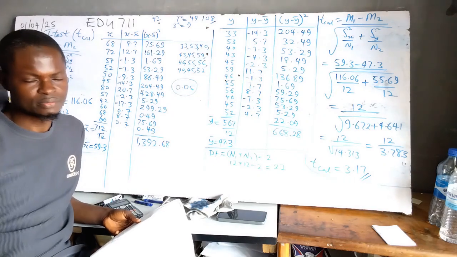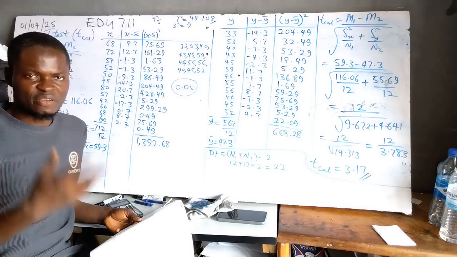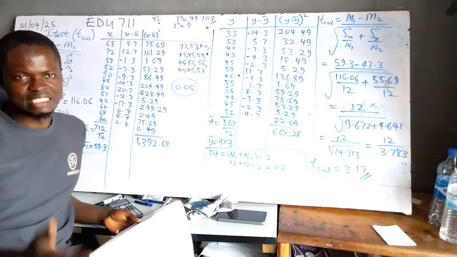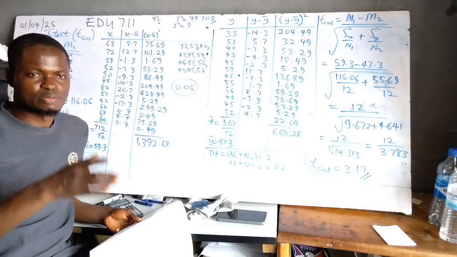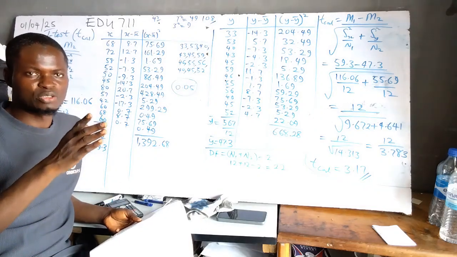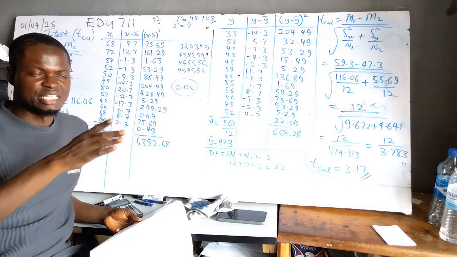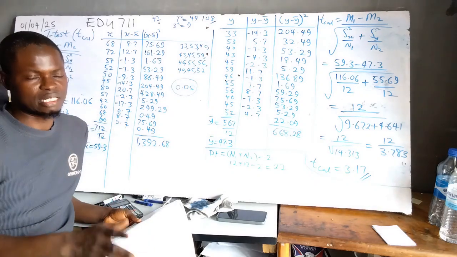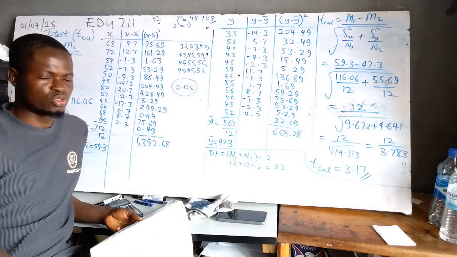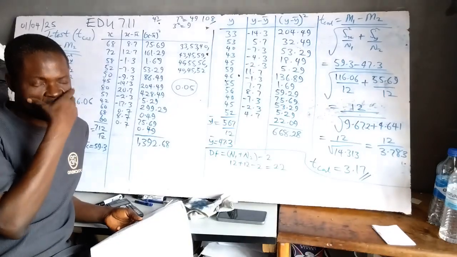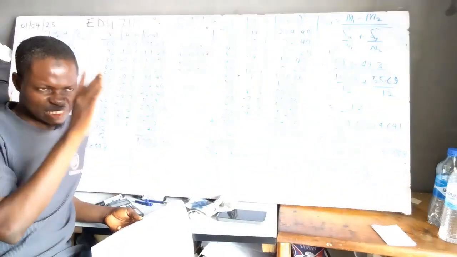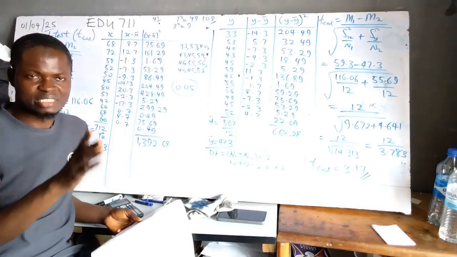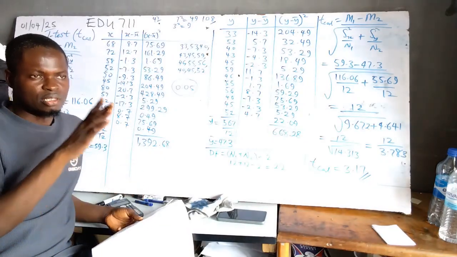I'm not specific. It could be that it is higher or it is lower. That is totally different from when I'm particular about it and say that it is lower or higher. So that's the difference between directional and non-directional. Directional is when you are specific, it is higher or it is lower.